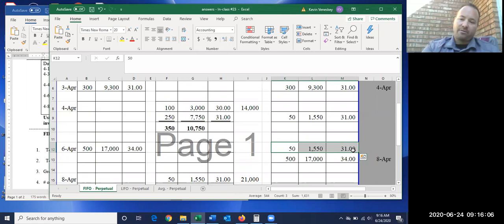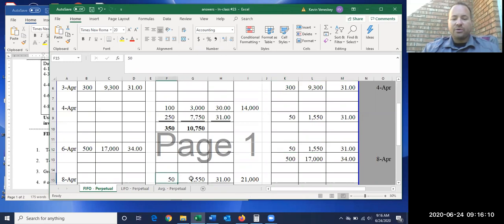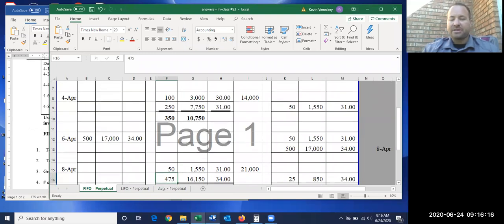All of it gets carried over into being sold. And then if I sold 525 and I just took care of the first 50, that means I have 475 left to sell. And those 475 cost me 34 bucks a piece. Those are the two numbers that I manually fill in. And then I just do the formula to figure out 34 each times 475.